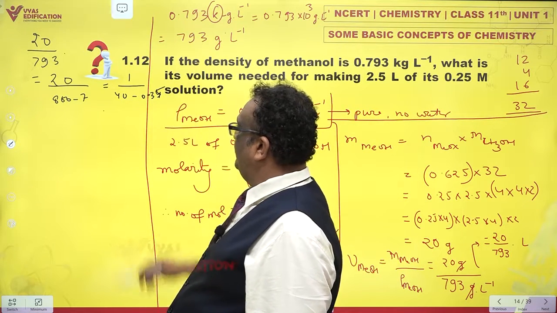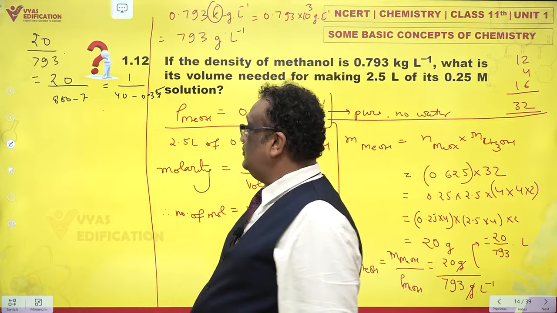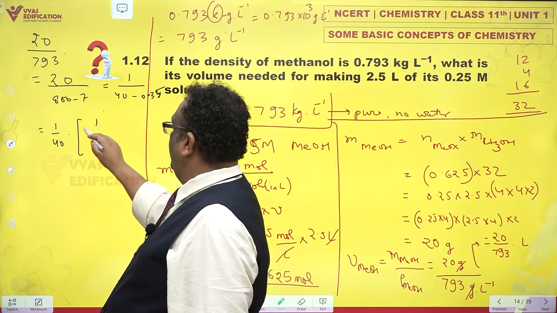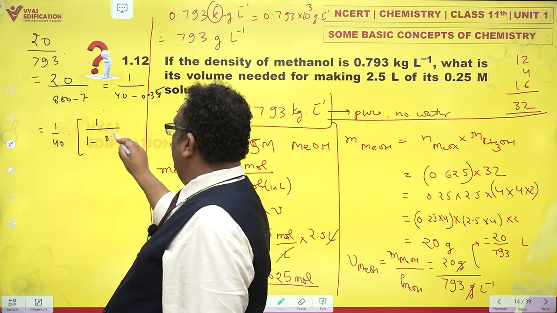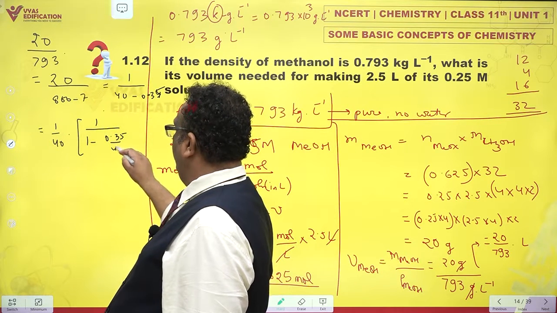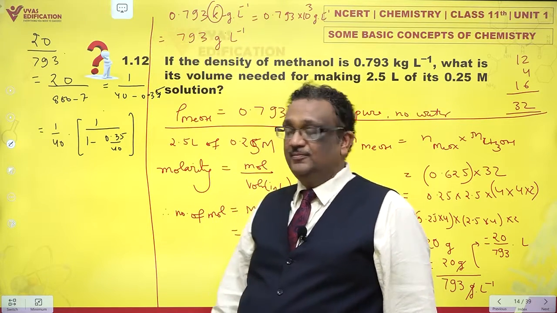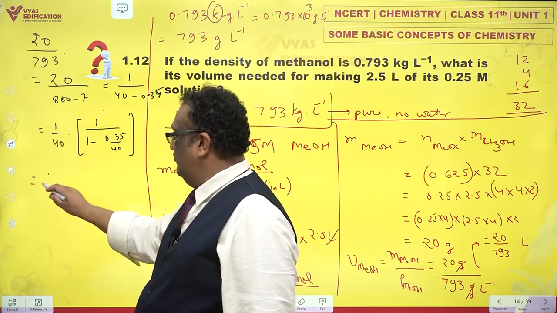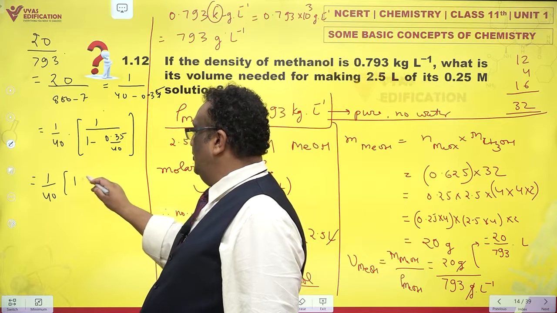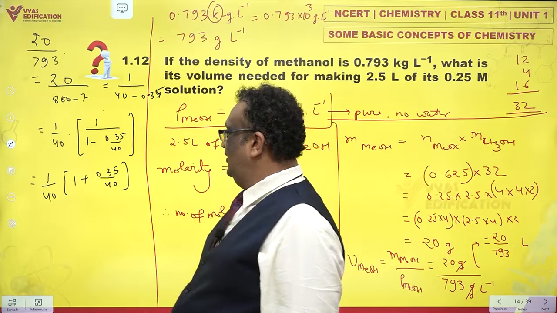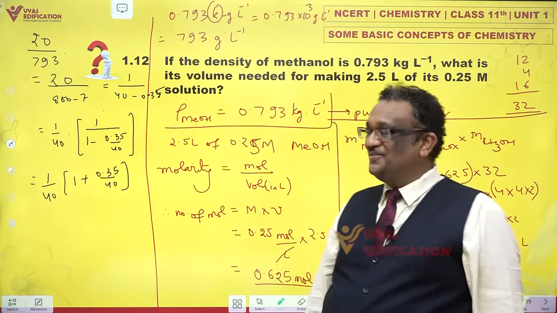Which I can take as 1 upon 40, 1 upon 1 minus 0.35 upon 40. I can take 40 common, which is 1 by 40, 1 plus 0.35 upon 40. Oh, can we do that? Yes, we can do that.